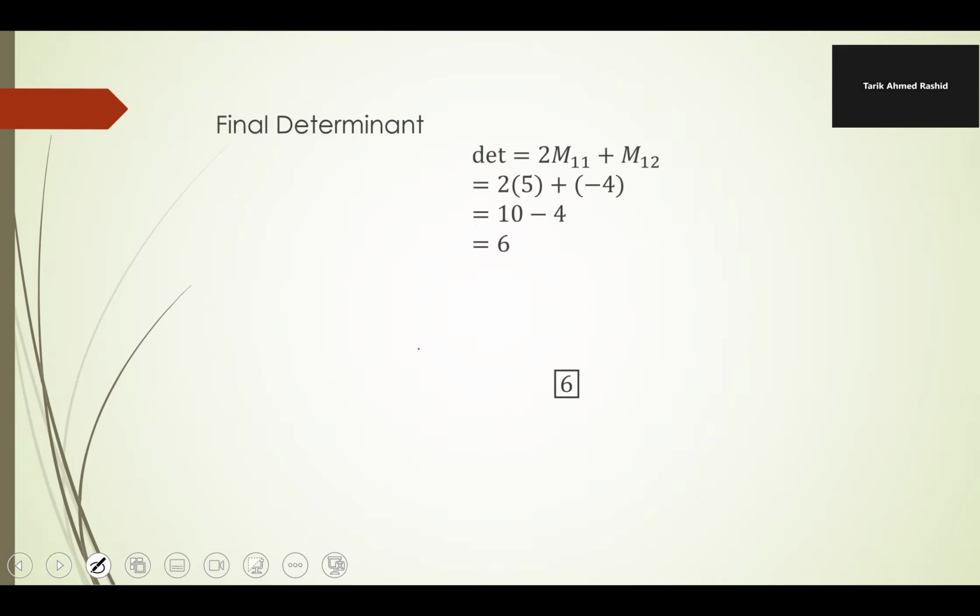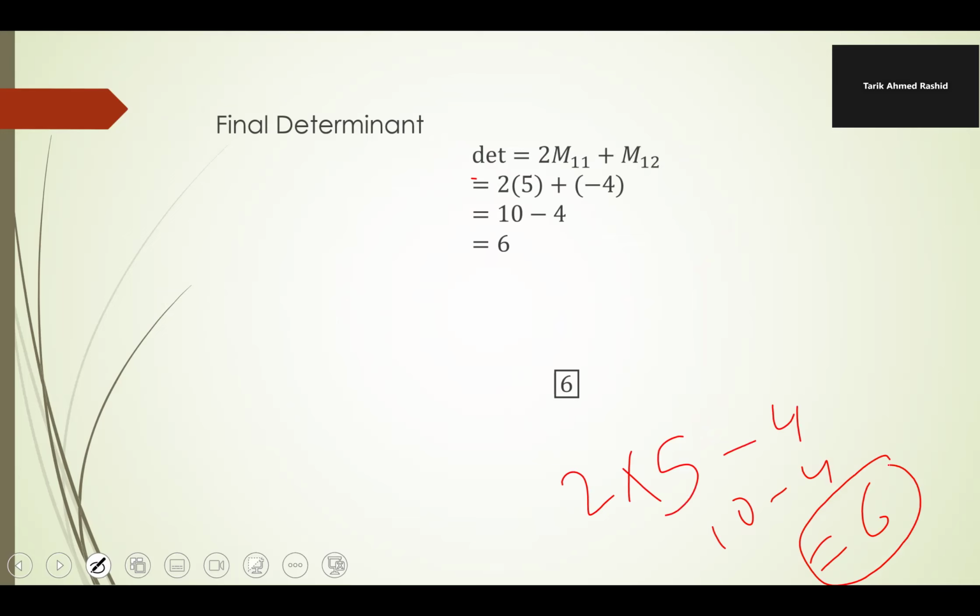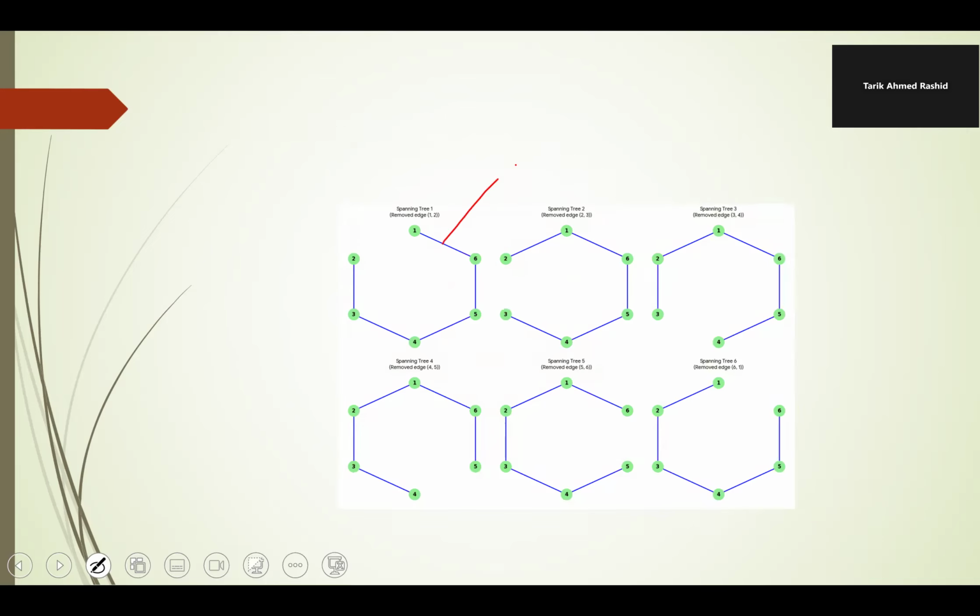Now, the determinant is 2 multiplied by M11 plus M12. M12 is minus 4, just found it, and M11 is 5 multiplied by 2. So 10 minus 4 is 6. So the number of spanning trees is 6 for this example. And that's the result of 6 spanning trees.